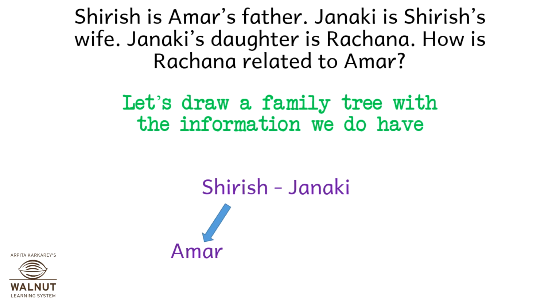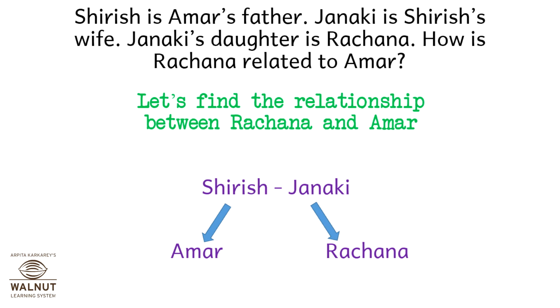Shirish and Janki are married, so we write a dash after Shirish and write Janki's name. And Janki's daughter is written as Rachna, so we draw an arrow below Janki and we write Rachna.